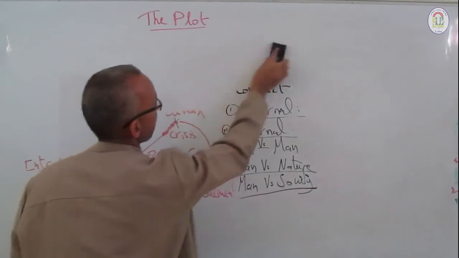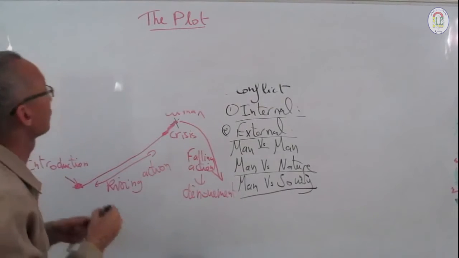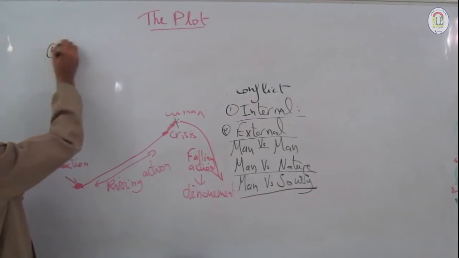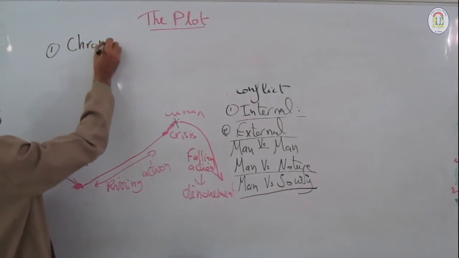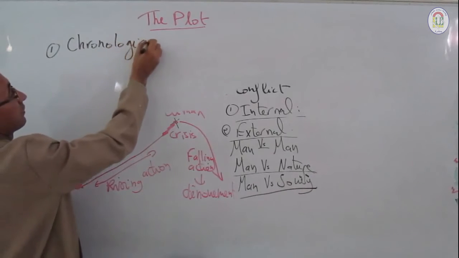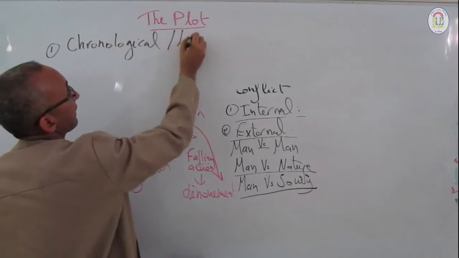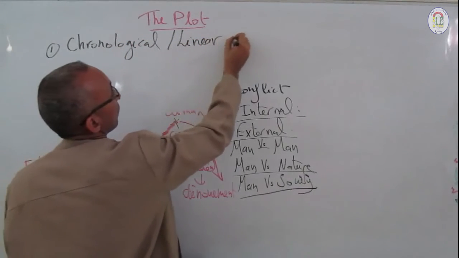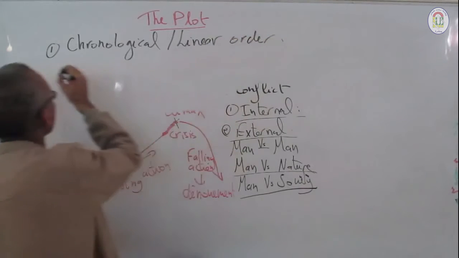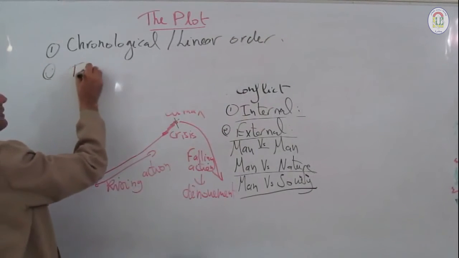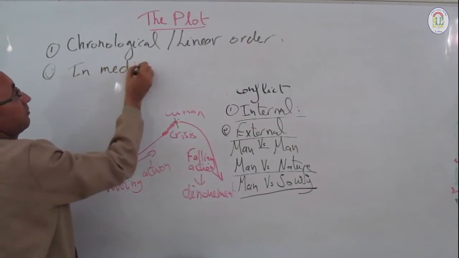So we have first chronological or linear order. Number 2, we have in media res.